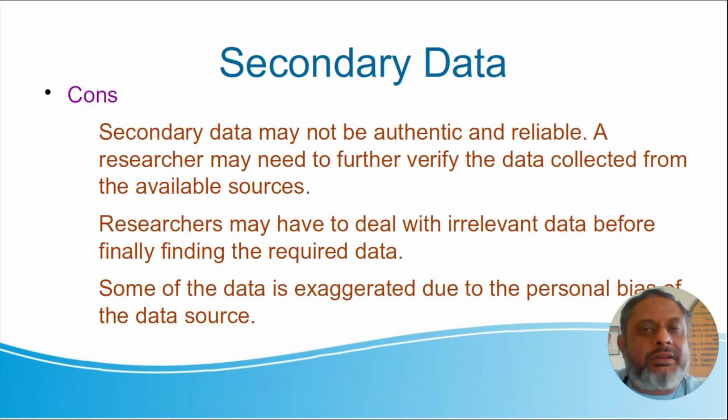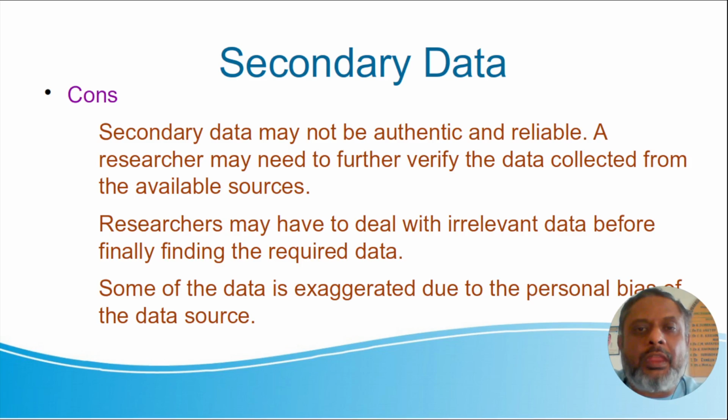Then some of the data may be exaggerated due to personal bias. When we are working on our own problem, we know how the bias is going to affect our results.